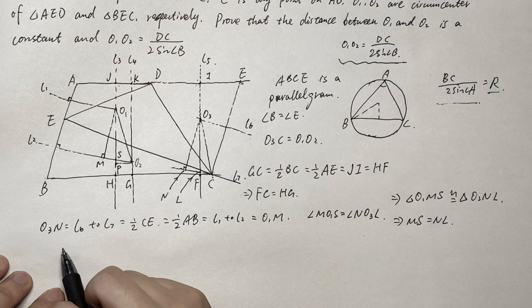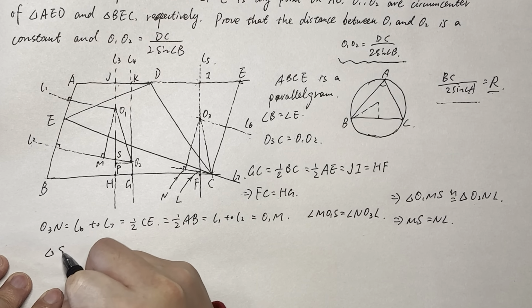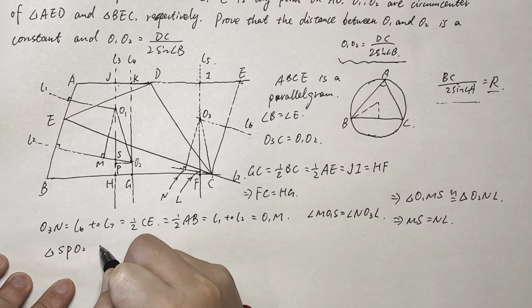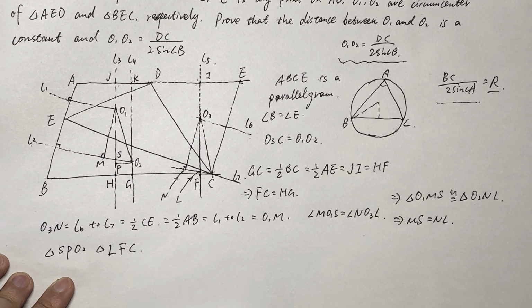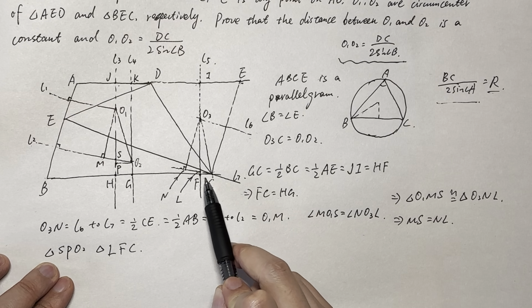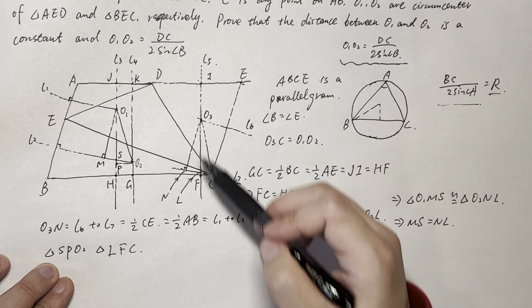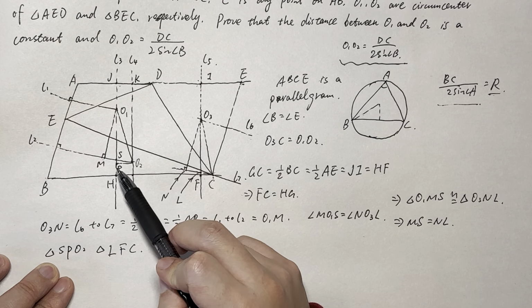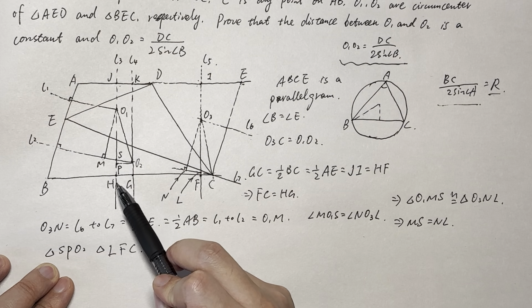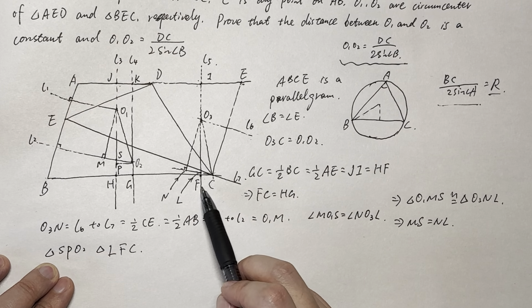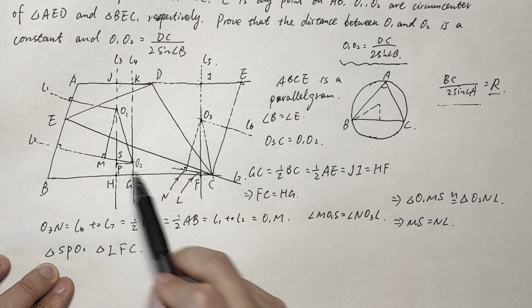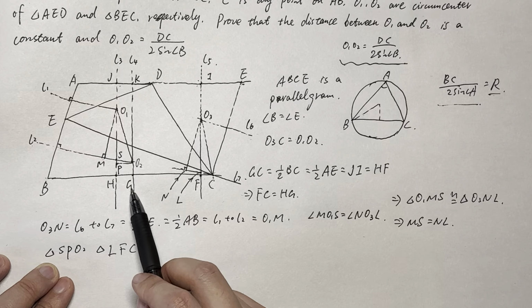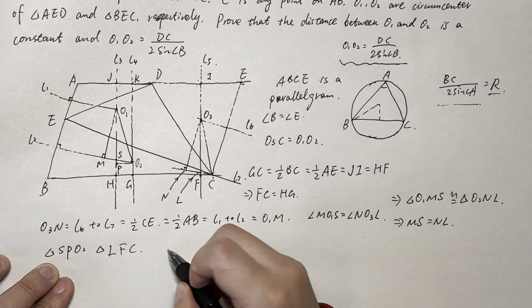Okay, and in triangle SPO2 and triangle LFC, we know that CF is perpendicular with L5 and O2P is perpendicular with L3. L3 is parallel with L5, so CF is parallel with O2P, and we already know that O2P equals HG equals CF, right?